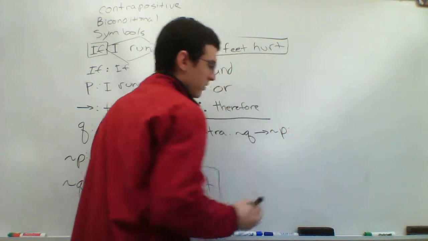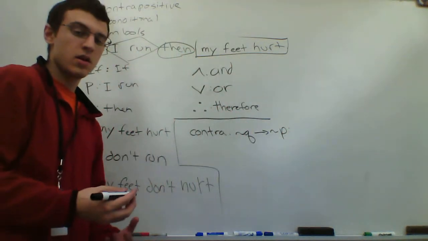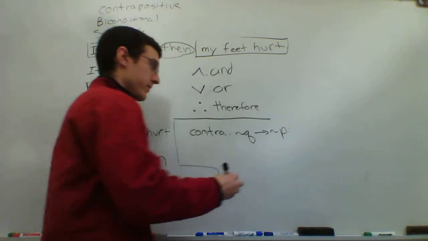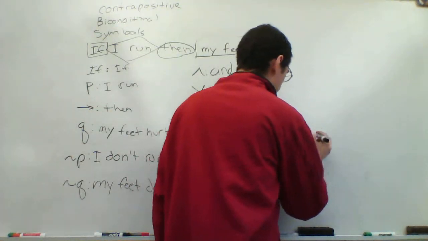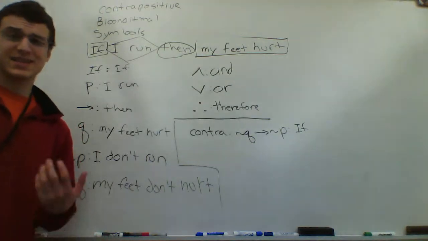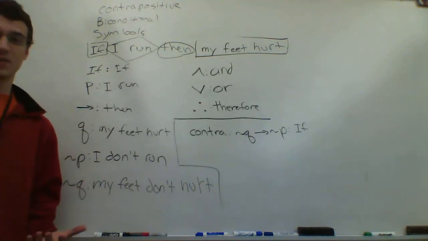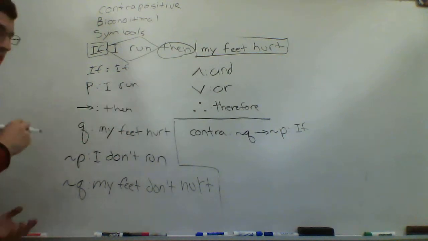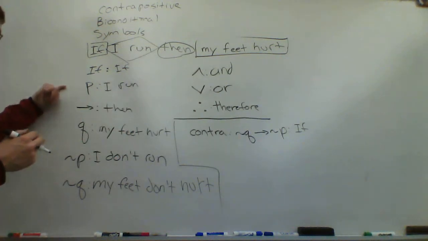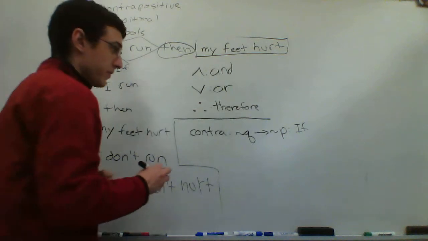When we are writing this out, we start with what we always start with, if. Then we just find our puzzle pieces. It's that easy. Once you write it out like this, it just makes your life easy. So, negated Q, the opposite of your conclusion. Let's find it. Boom, my feet don't hurt.